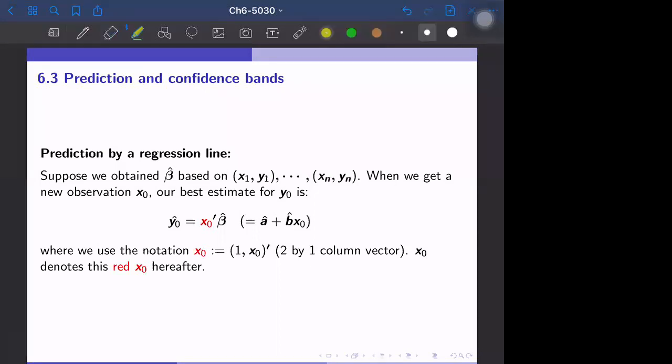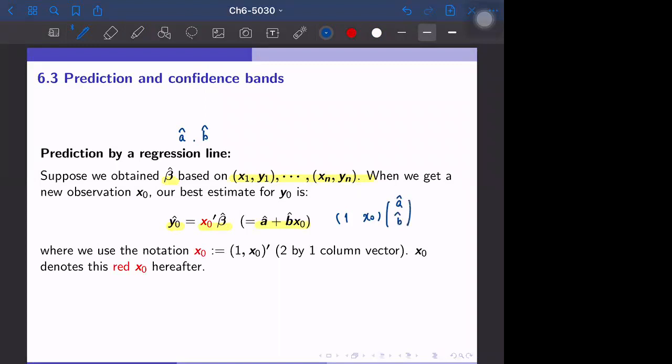So once you estimate the parameter beta hat, that is a pair of A hat and B hat, based on the observations x1, y1, ..., xn, yn, then we can calculate the expected value of y0 using the x, basically A hat plus B hat x0. So that is the matrix product of (1, x0) and (A hat, B hat).